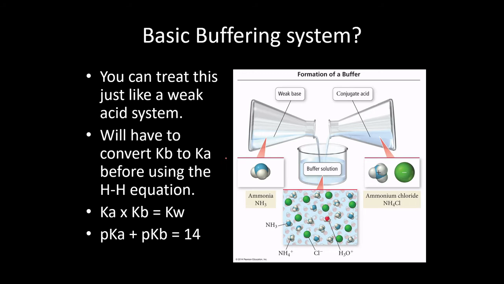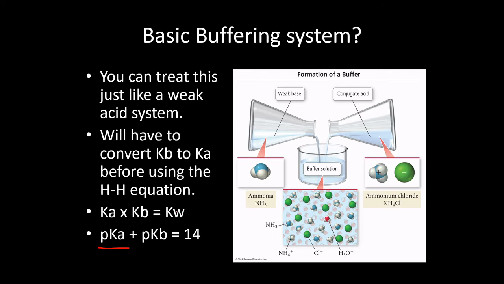The one thing we do have to do differently, though, is that when we plug things into the Henderson-Hasselbalch, it still needs to be the pKa. The Henderson-Hasselbalch stays the same. There's no change to the Henderson-Hasselbalch. We're not going to switch to the pKb. We're not going to flip the base and the acid. Everything stays exactly the same. We just need to work out what the pKa of our base is, which I know seems kind of counterintuitive, but it's perfectly reasonable to do that.